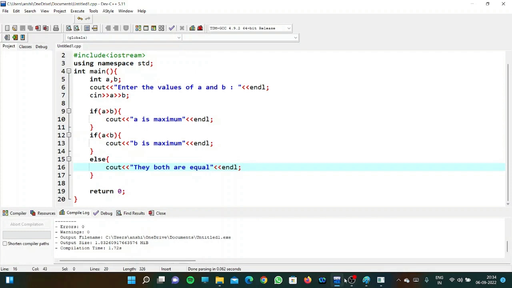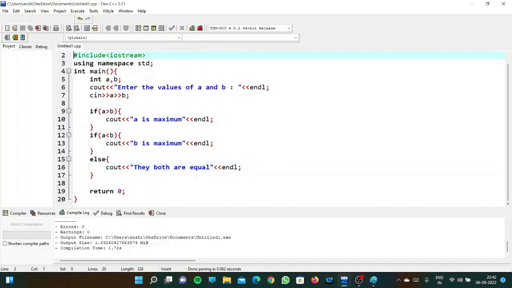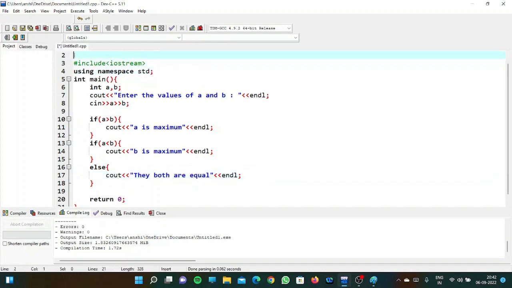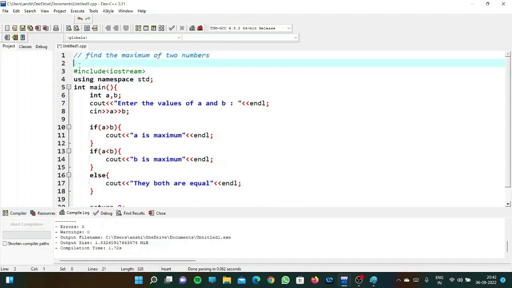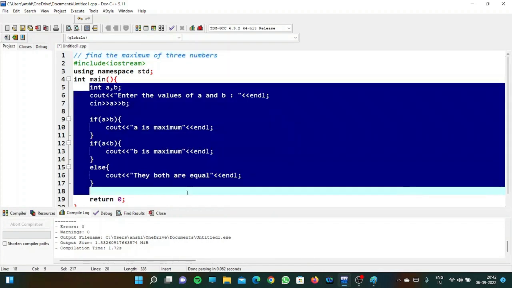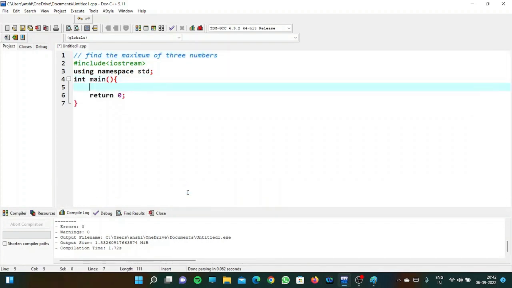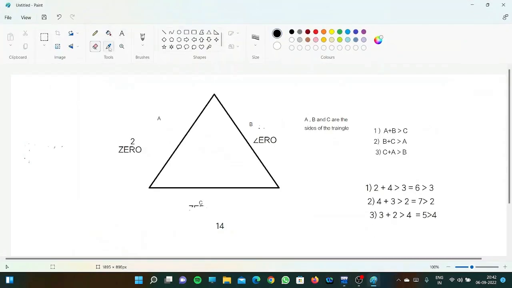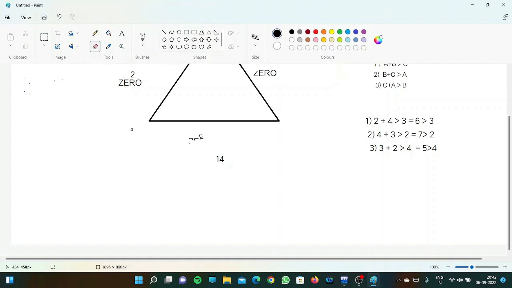Yeah. Now let's do another question where you have to find maximum. This time you have to find the maximum of 3 numbers, right? Now this becomes a little different. Okay, let's erase all this.